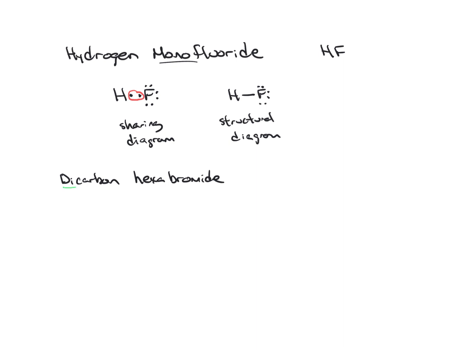And what do you think about hexa? Have you heard the prefix hexa before? You may think hexagon. So that's a 6-sided shape. So hexa actually stands for 6. All right, so the chemical formula here is C2, and then bromine is Br6. Okay, so that's how the prefixes work.